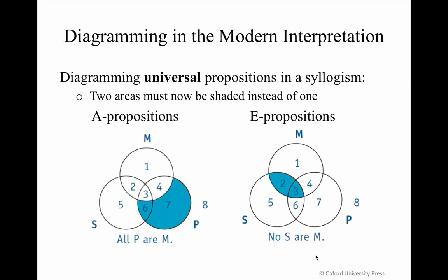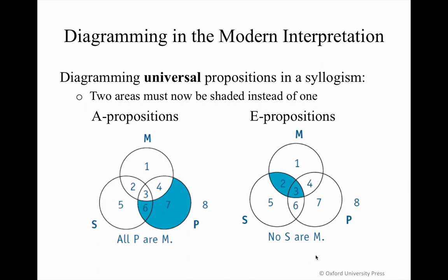Moreover, when you are diagramming a syllogism that has at least one universal proposition, diagram the universal premise first. The reason why will become clear later. Suffice it to say, you want to eliminate those areas that can't have any X in them.